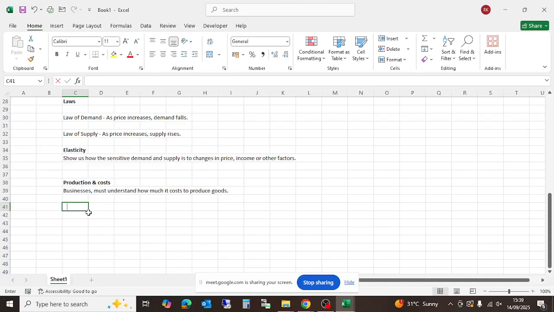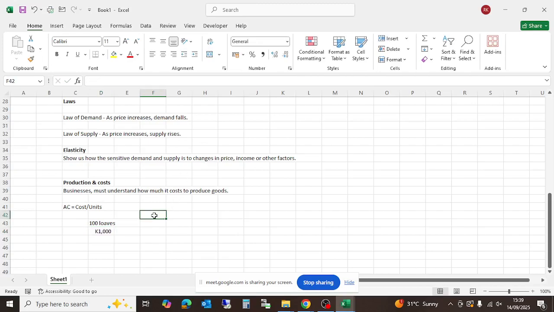Let me show you. AC is the cost divided by the units. If we look at it in terms of bread, in my example I said 100 loaves at 1000 kwacha. The 1000 is everything.